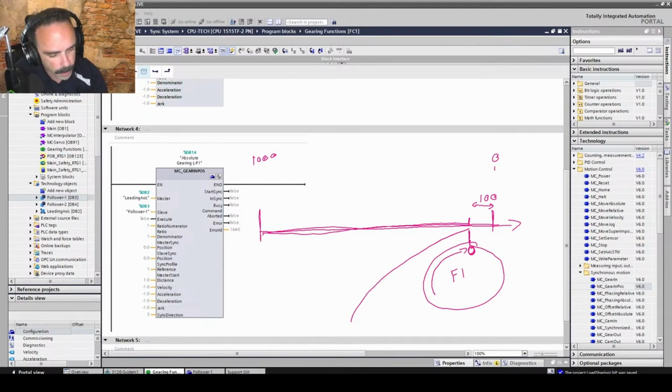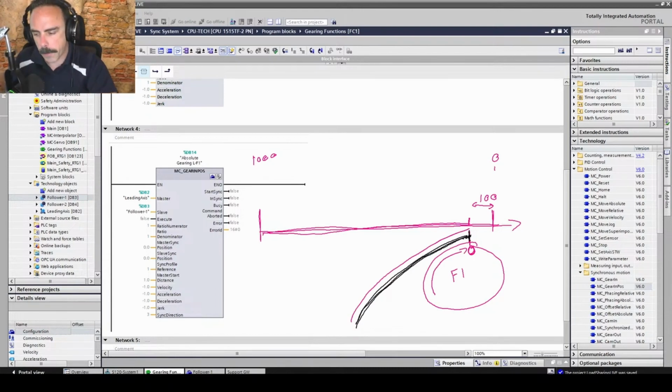So you have this laminator that's here, and where that starts is 0 on F1. Well, we would set this block up like this.